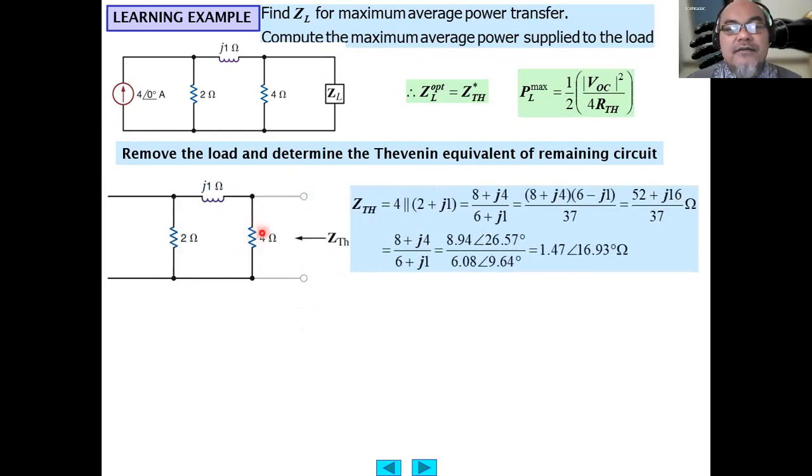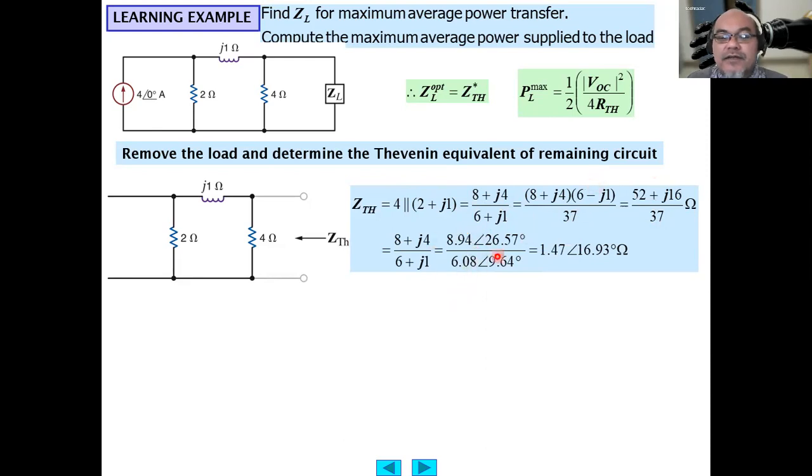Okay. For the ZTH here, it equals 4 ohm in parallel with 2 plus J1, plus 2 plus J1.